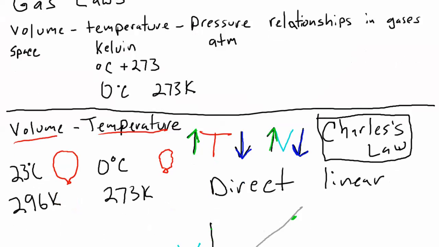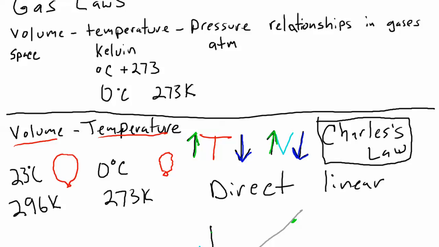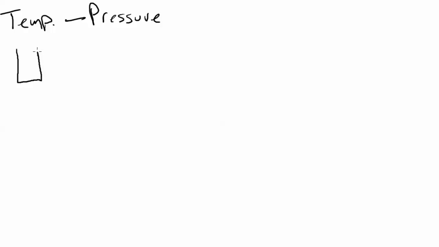So now we did temperature and volume. Let's do temperature and pressure. So this is the temperature pressure relationship now. The one that I like to use to explain this one is, let's say you have a can. It's a sealed aluminum can, and inside of the can there's a gas.